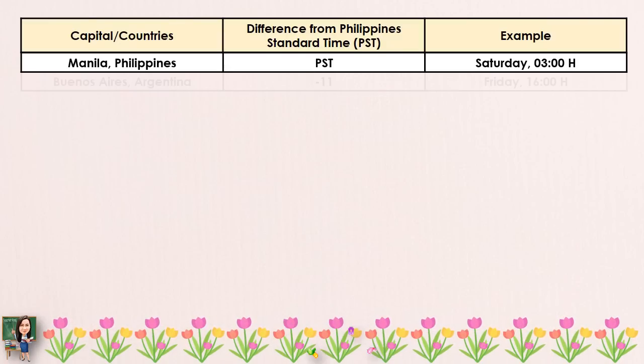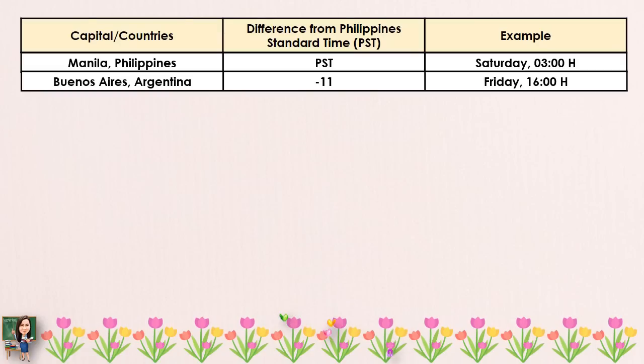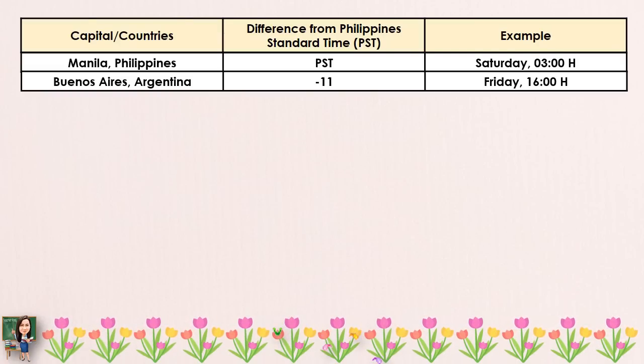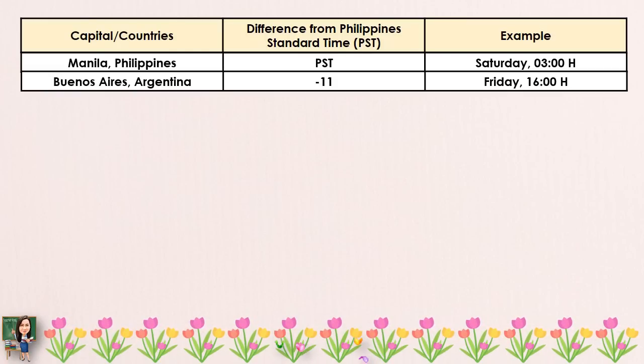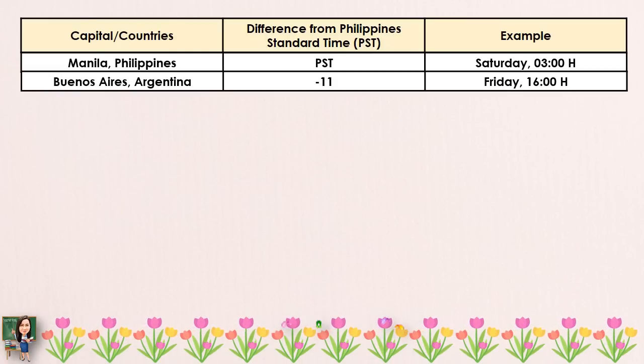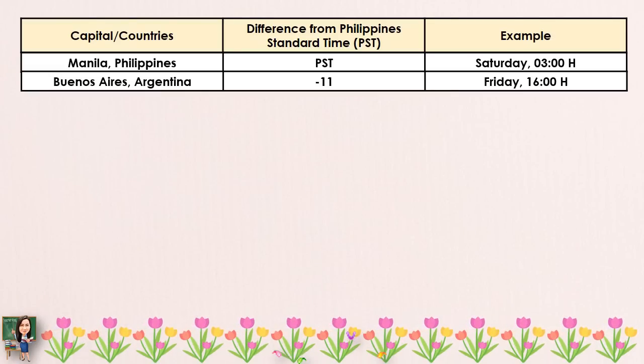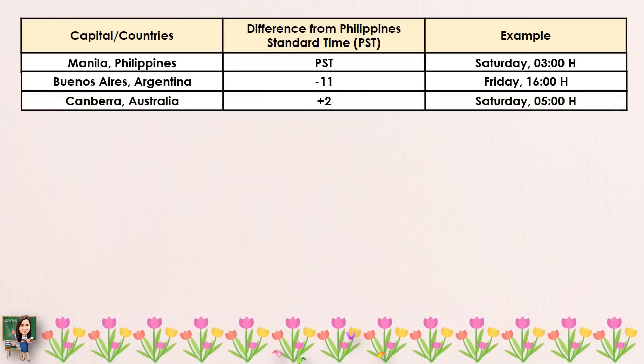Let's compare. Buenos Aires, Argentina. The difference from PST is -11, that is behind. So if our time is Saturday, 300 hours, in their country the time is Friday, 1600 hours. Next, Canberra, Australia.